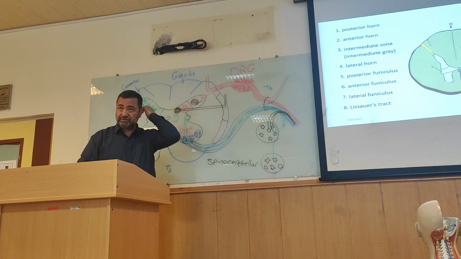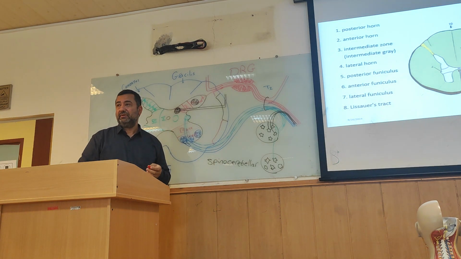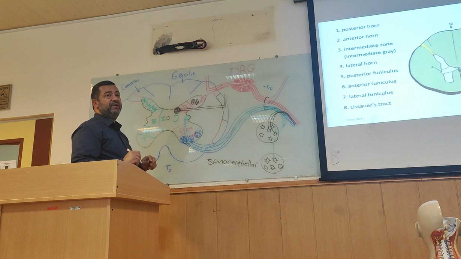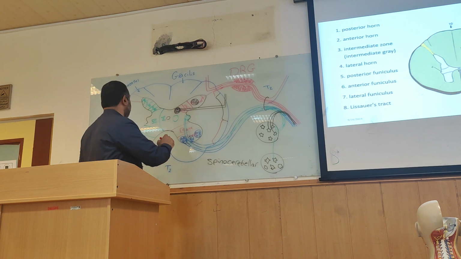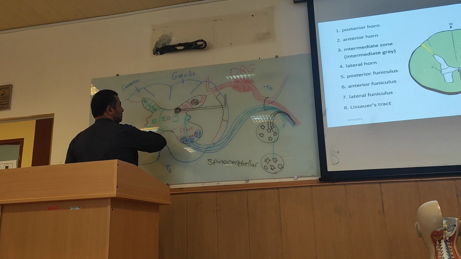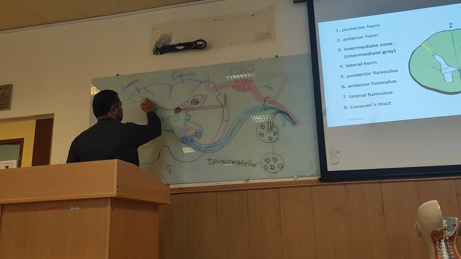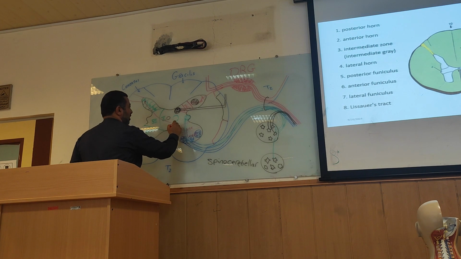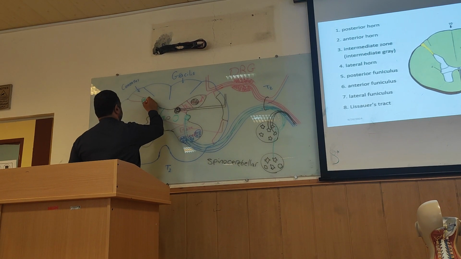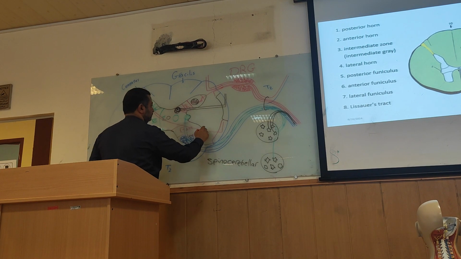Anterior spinocerebellar tract. Anterior spinocerebellar tract fibers begin from the opposite side. After crossing, these fibers ascend in this area.